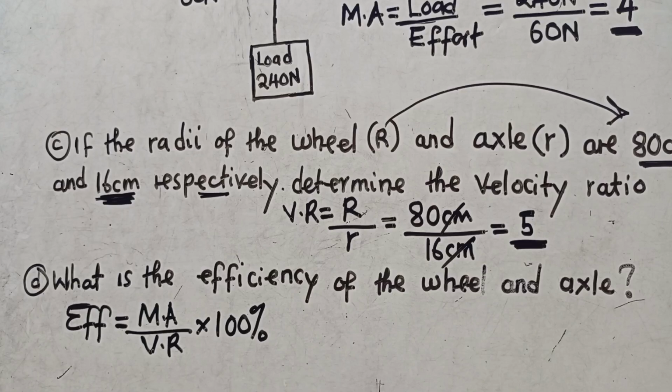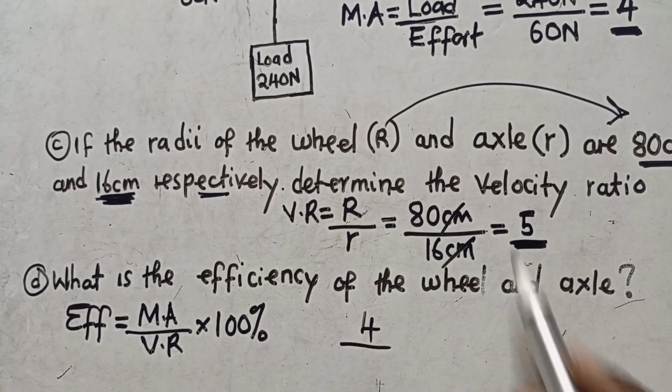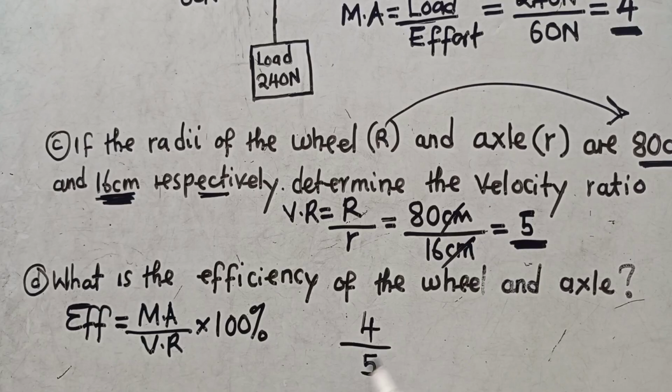So from here, what is mechanical advantage? Mechanical advantage is 4, over velocity ratio, which is 5. Then I multiply by 100. If I multiply by 100, what answer am I going to get?